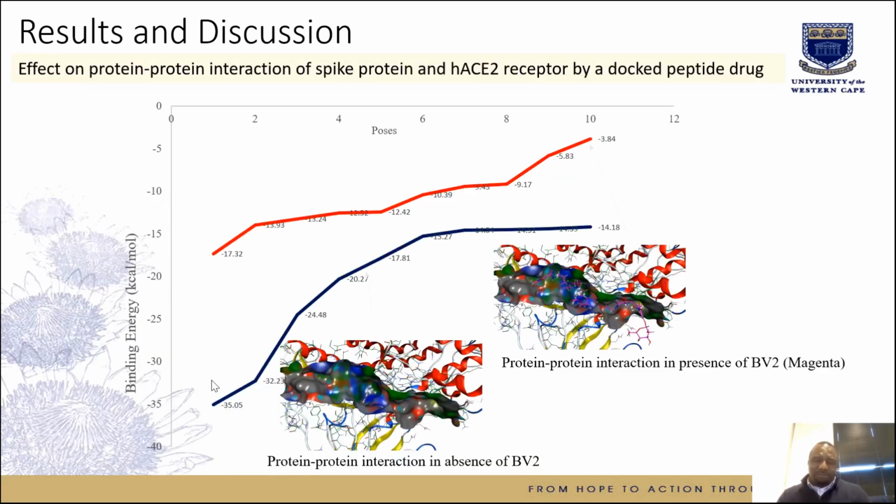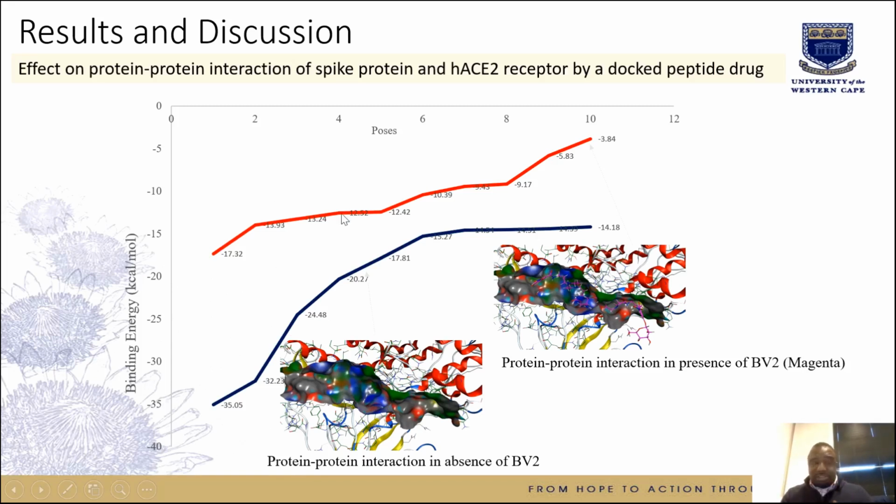Okay, in terms of quantifying the effect of the docked compound on the protein-protein interaction between the spike protein and the HACE2, we quantified that interaction in the presence and the absence of the drug. And what you see on this plot is the binding energy and the poses.